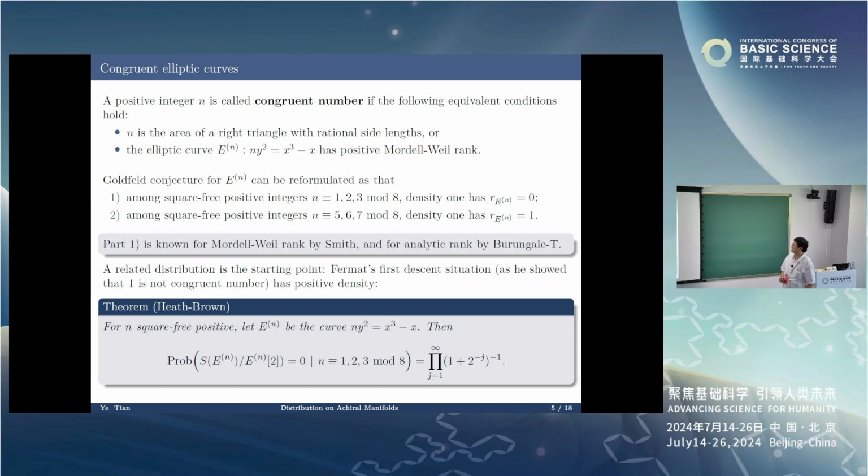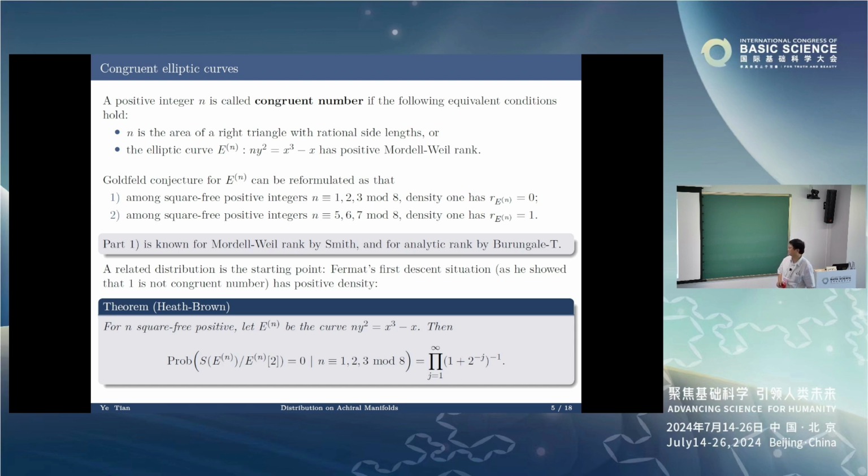Okay, so now let n vary among the square-free positive integers congruent to 1, 2, 3 mod 8. And we can ask that the 2-Selmer group mod these 2-torsion points has rank 0.